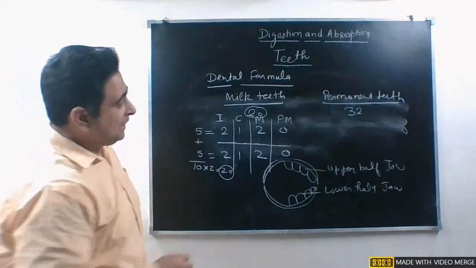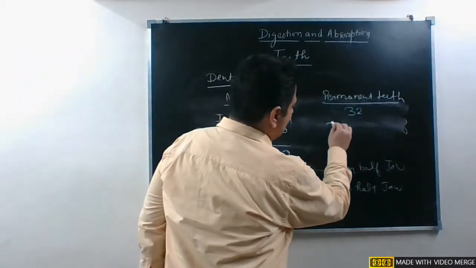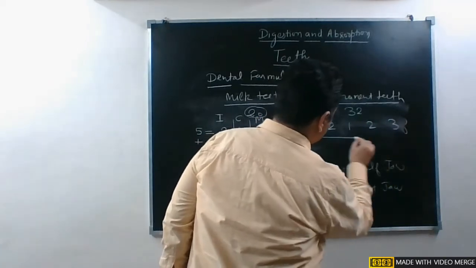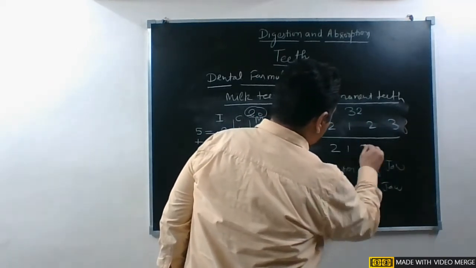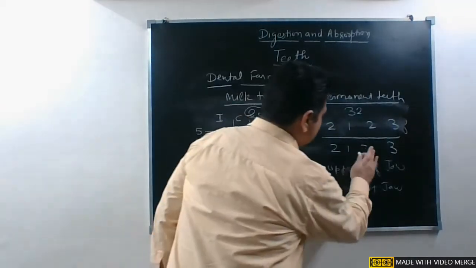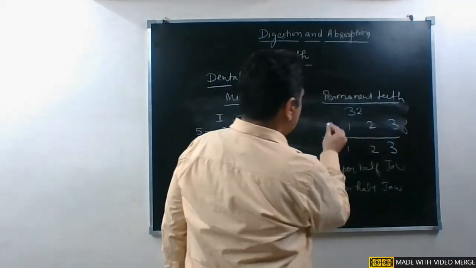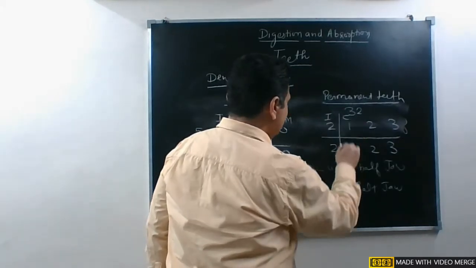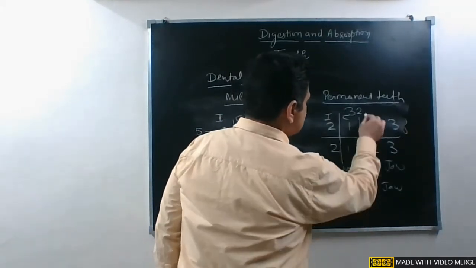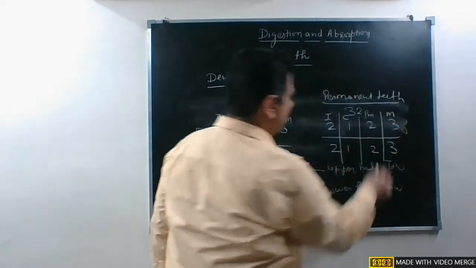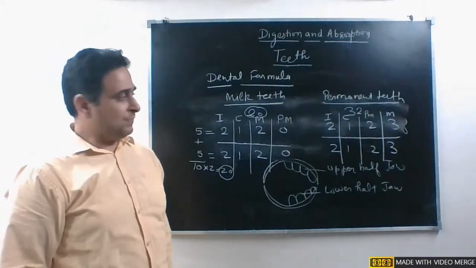In case of permanent teeth, students, the dental formula is like that: 2, 1, 2, 3 upper half, 2, 1, 2, 3 lower half. Now student, here this is I for incisors, this is C for canine, this is PM for premolars, and this is M for molars.